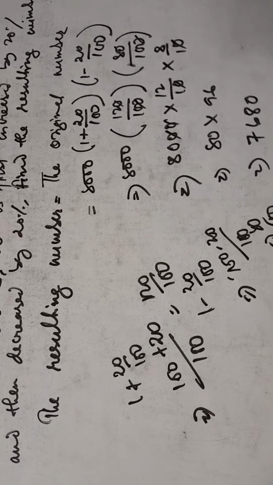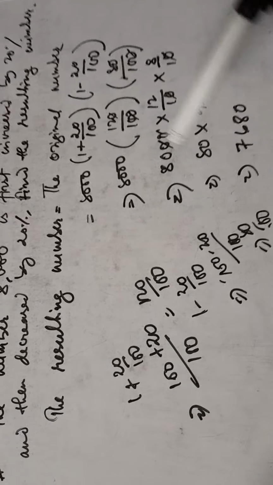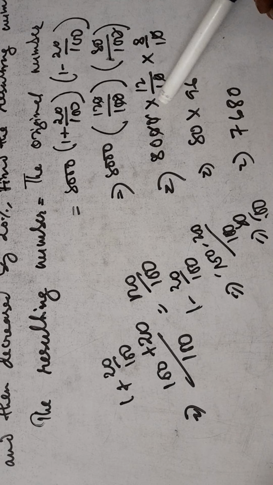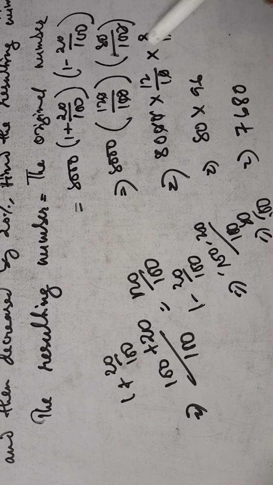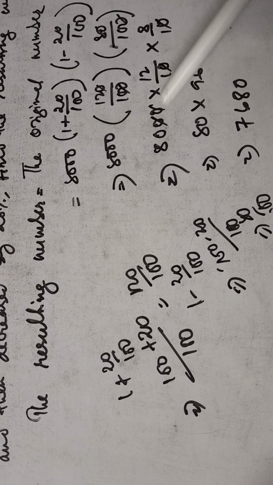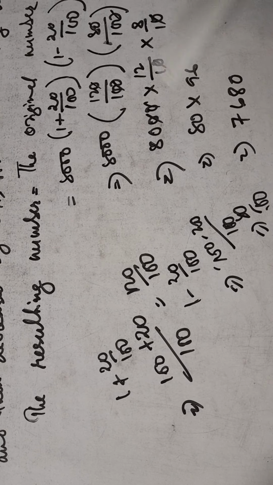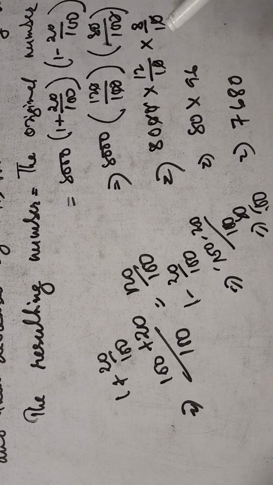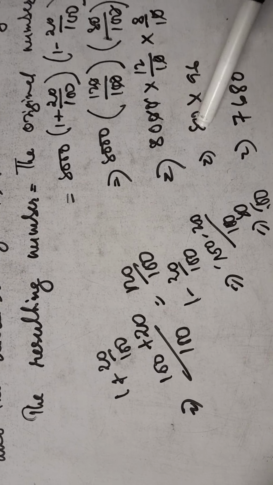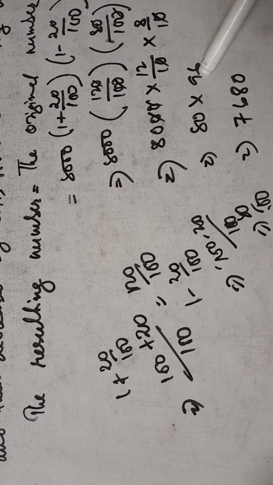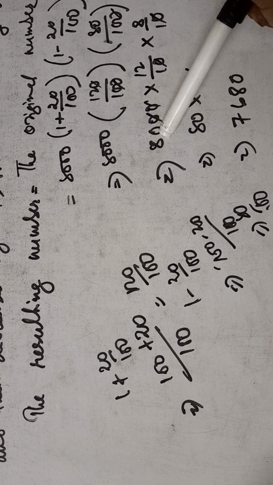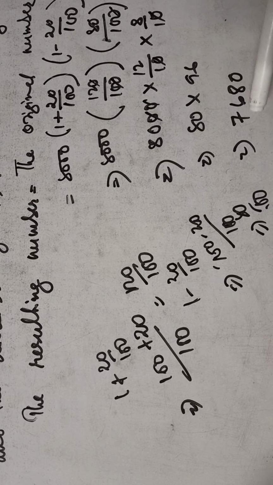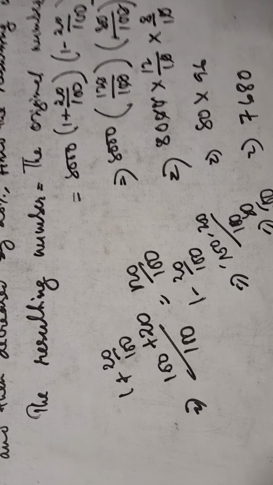So 8,000 into 12 by 10 into 8 by 10. We know in multiplication, numerator and denominator can be cancelled. 0 is cut and 0 is cut. So 80 into 12 into 8, we got 96. Now here remaining is 80. So 80 into 96 will come here, 7,680 is your answer.